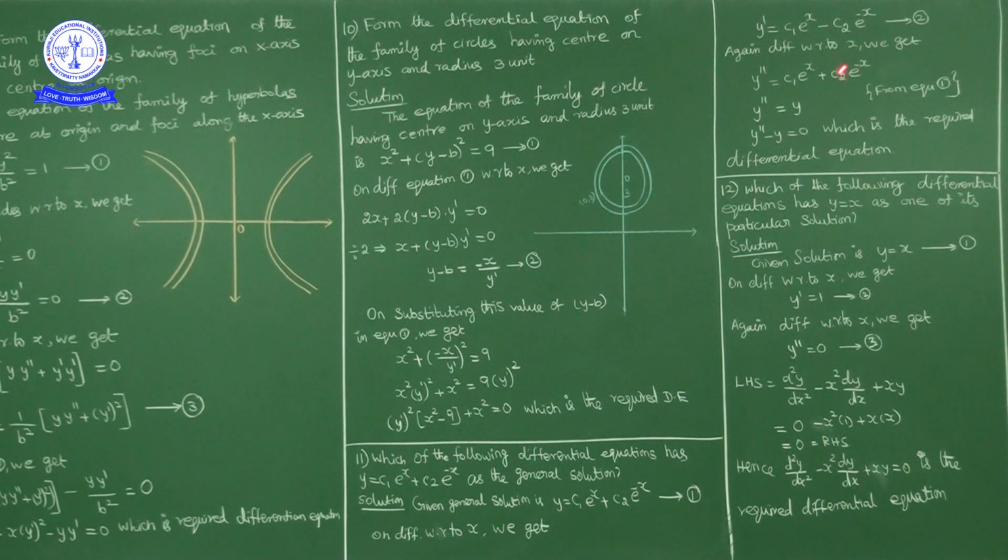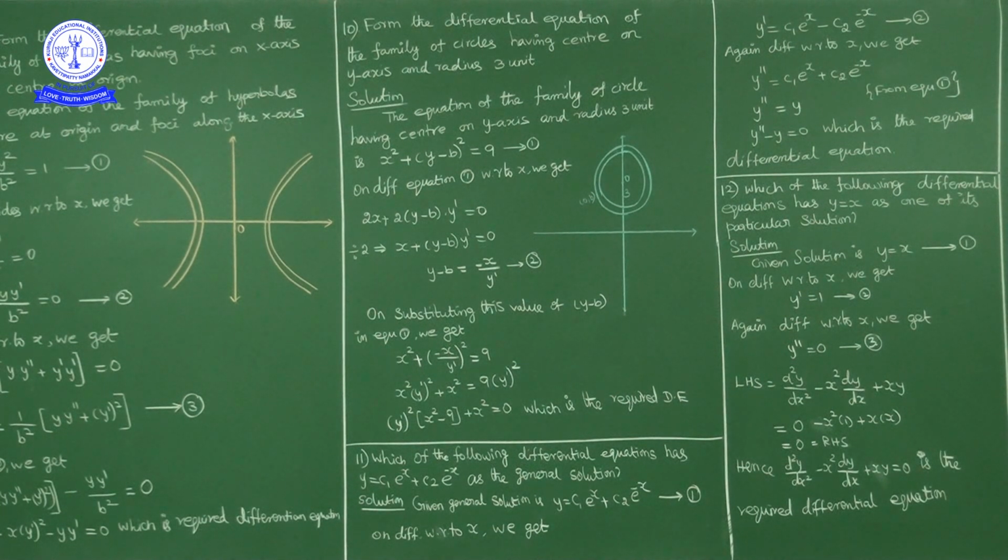Again differentiate with respect to x: y double dash is equal to c1 e power x minus c2 e power minus x derivative, minus c2 e power minus x. Already minus is there, so minus of minus is plus. So y double dash is equal to c1 e power x plus c2 e power minus x. This is nothing but y. So y double dash is equal to y, nothing but y double dash minus y is equal to 0, is the required differential equation.